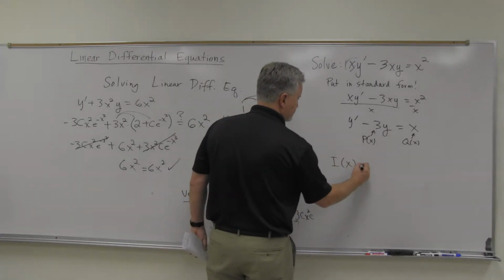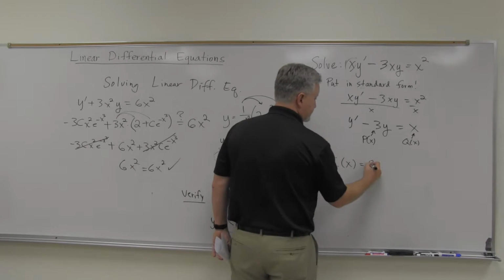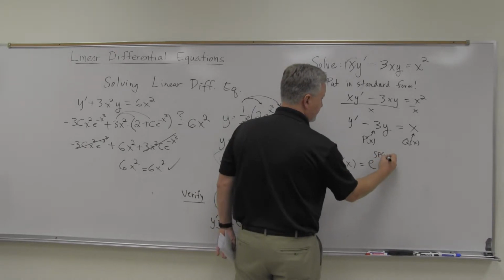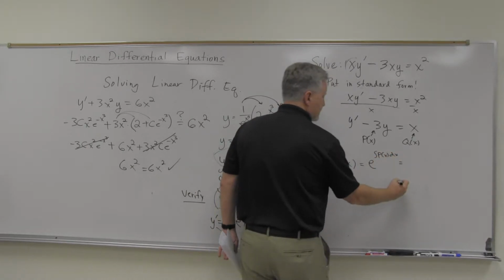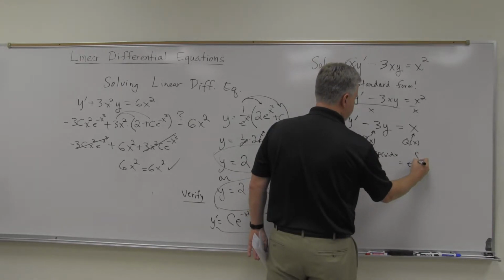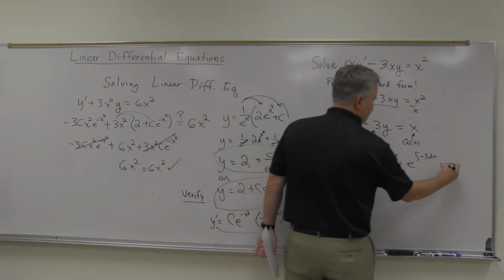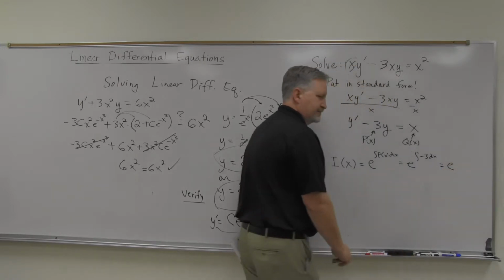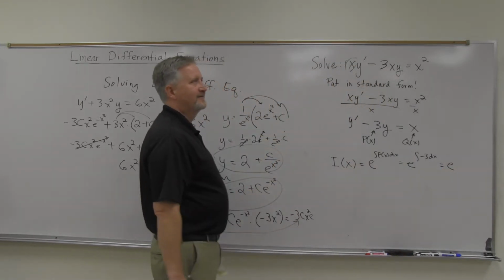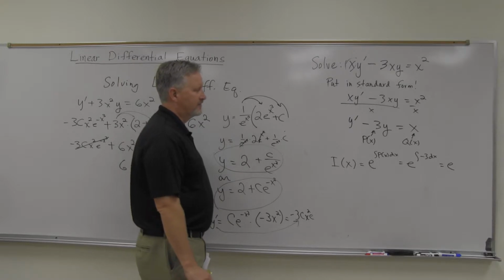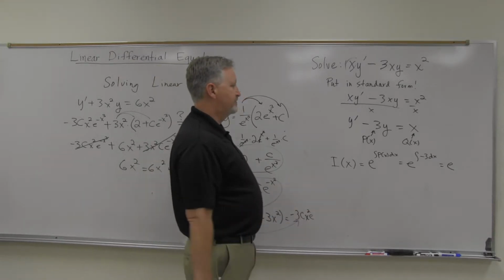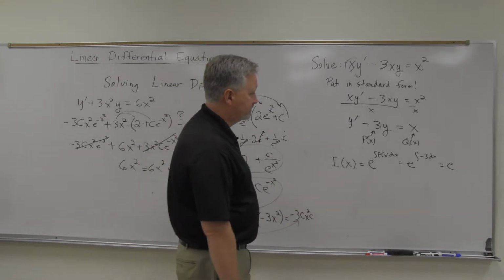I of x is next. I of x is e to the integral of p of x dx. So that's e to the integral of -3 dx. And so that's, again, an easy one. I think the next one has a little more complicated integral, but most of these shouldn't be too challenging on the antiderivative.